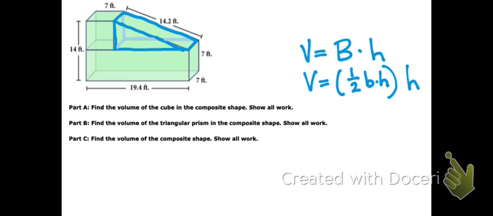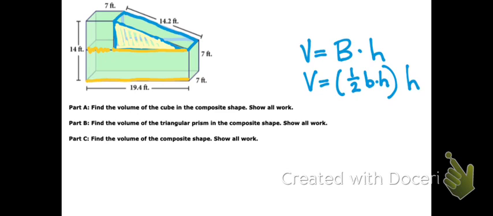So first, let's look at the triangle. You have to put in a little work to find out what is the base length and the height of this triangle. So the base is from here to here. And it's not giving us that. But it is telling us from here to here is 19.4. So what is this length?